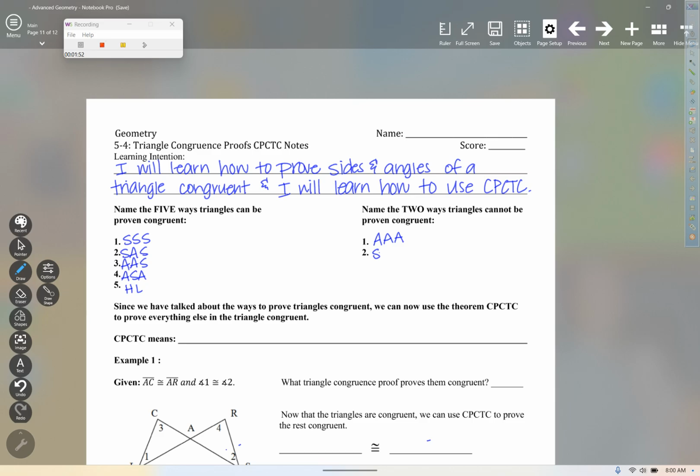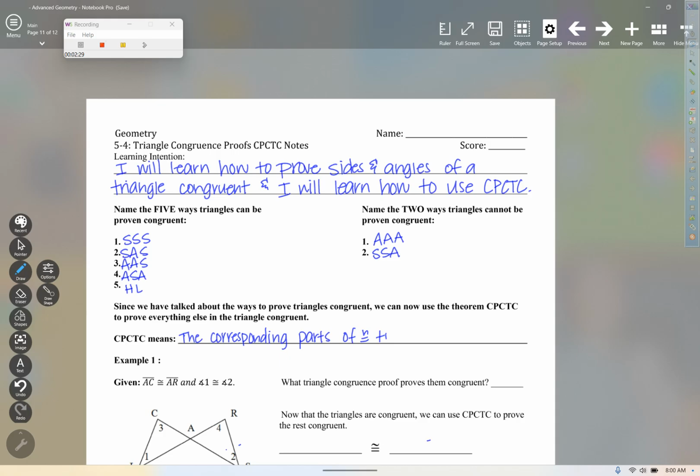Okay, since we've talked about the ways to prove triangles congruent, we can now use the theorem CPCTC to prove everything else in the triangle congruent. CPCTC means if the triangles are congruent, then the corresponding parts, corresponding meaning in the same position on the opposite triangles, of the congruent triangles are congruent.